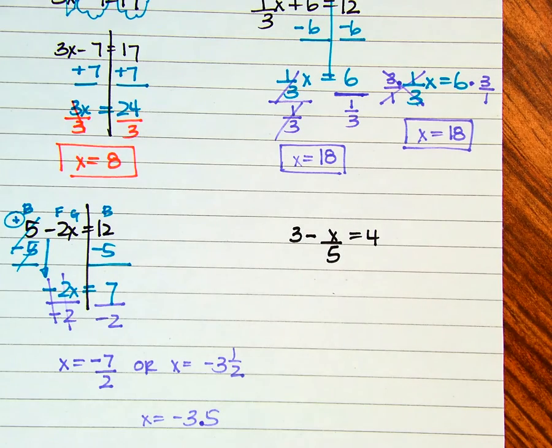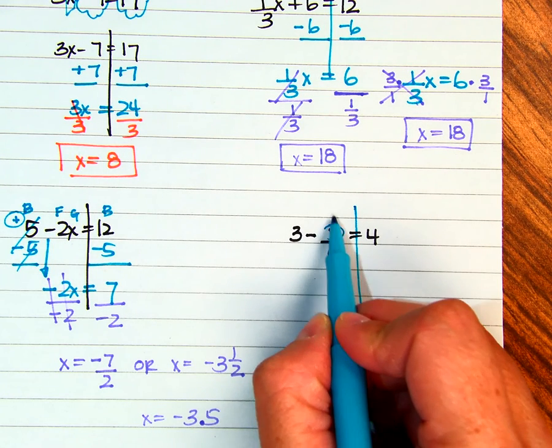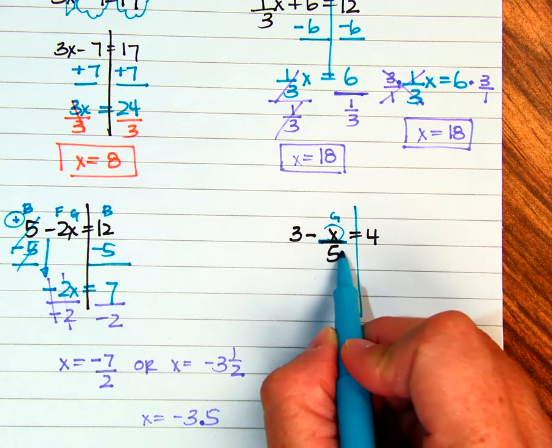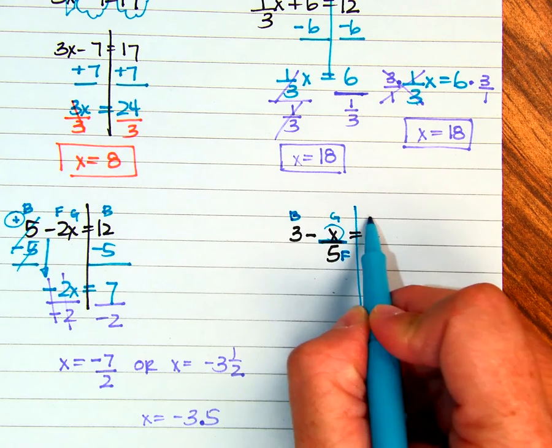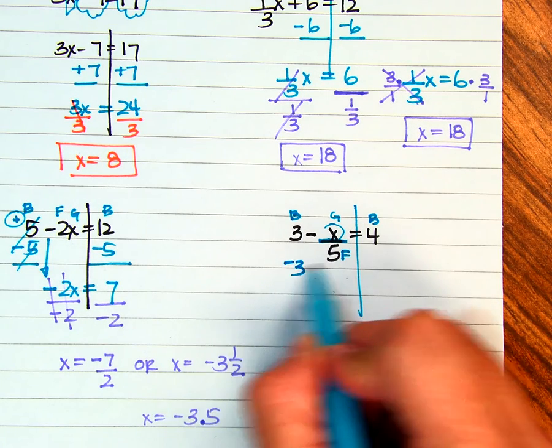A little bit harder because it has that fraction in there. So we have the good guy. This is still touching, so that's a friend. Bad guy. Bad guy. We'll subtract 3 on both sides.